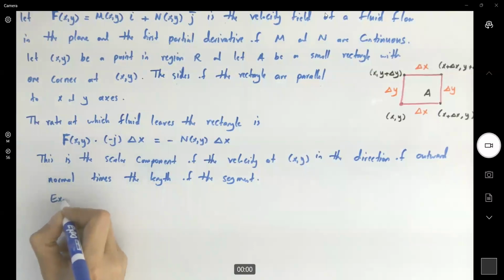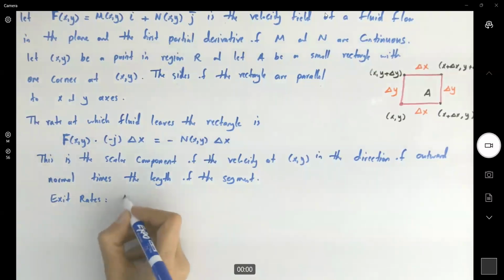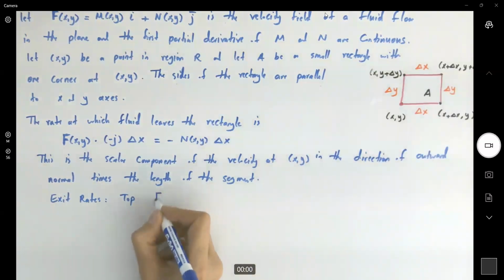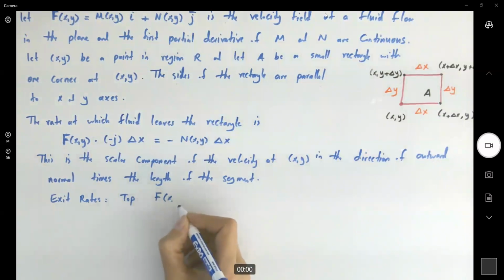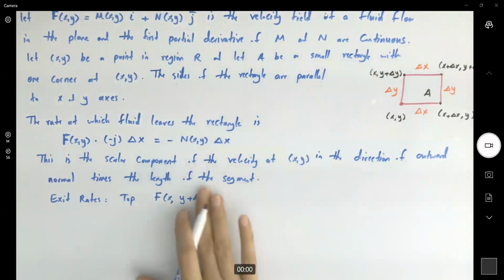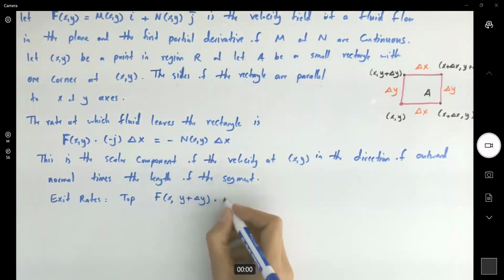Exit rate for the top part is going to be f of x and y plus delta y, which is just the dot product with j.